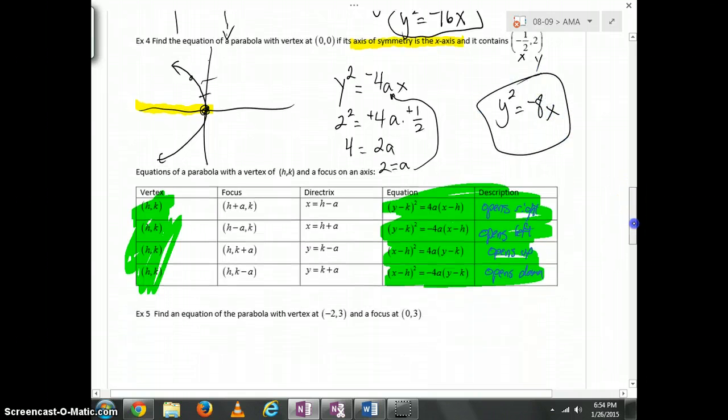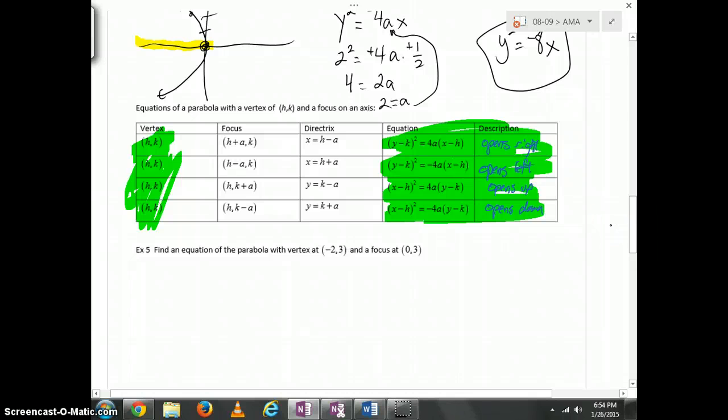Okay, this next table here that I have highlighted is incredibly close to the table that we had from the last video. The big difference you can see on the far left is that our vertex is no longer at the origin. It's no longer at 0, 0. Instead, our vertex is some other point, h, comma, k.